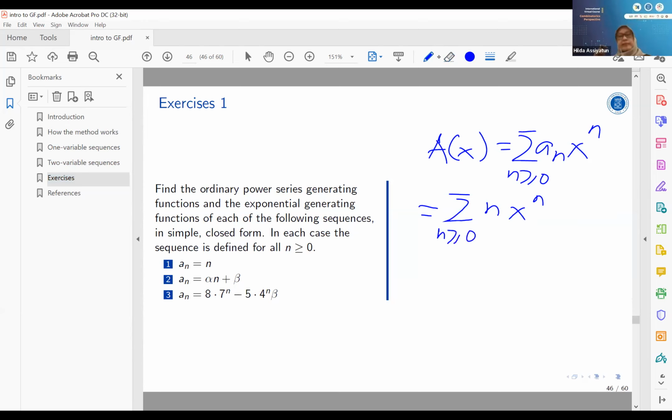What is it? Yes, and this is the derivative of, is it correct?